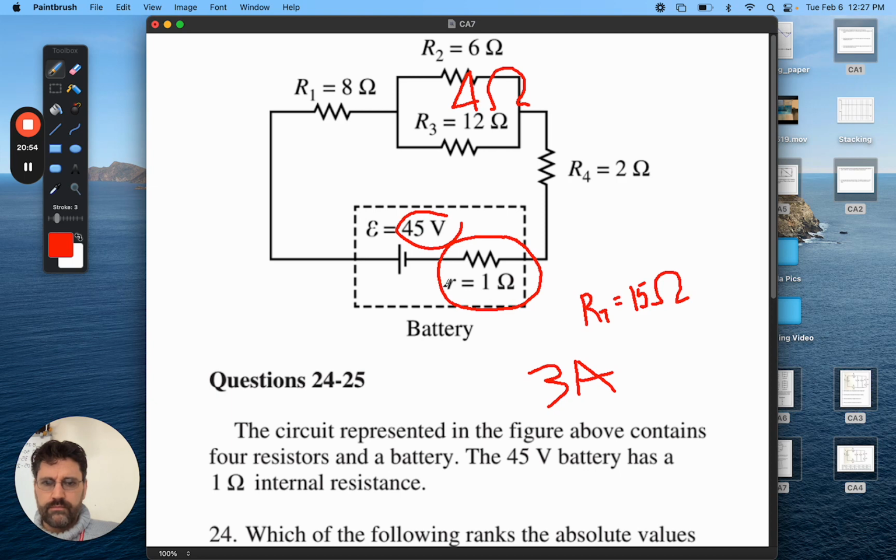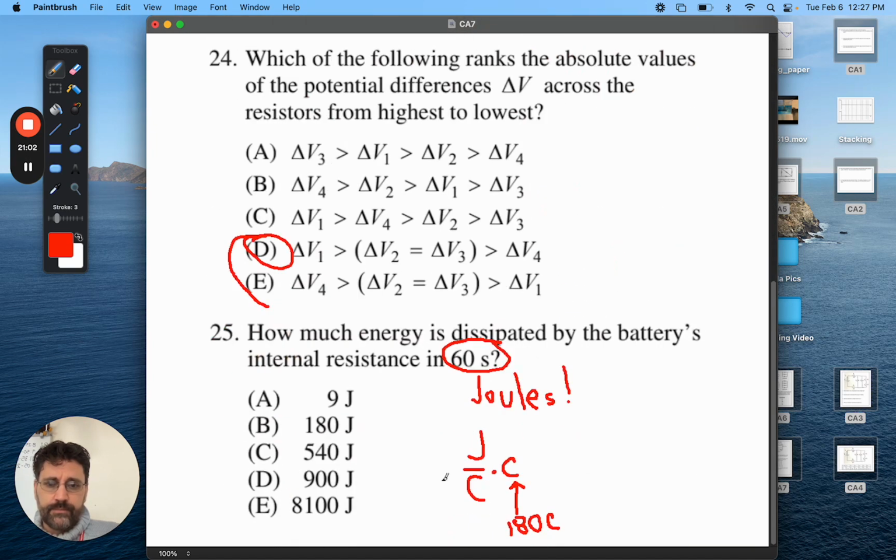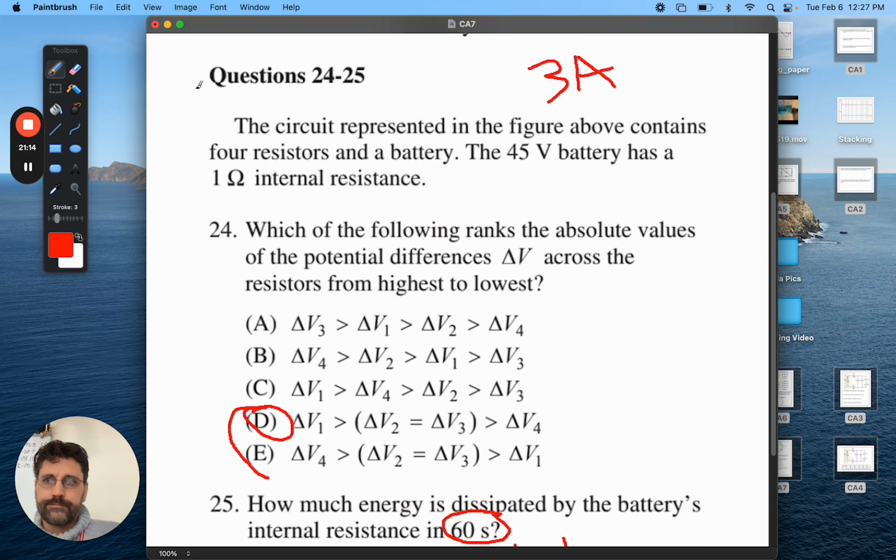This is 1 ohm, so it's 1/15 of the resistance, it'll get 1/15 of the voltage. So 1/15 of 45 is 3. So this term is going to be 3 volts. So 3 volts times 180 gives you 540 joules. And that's all.